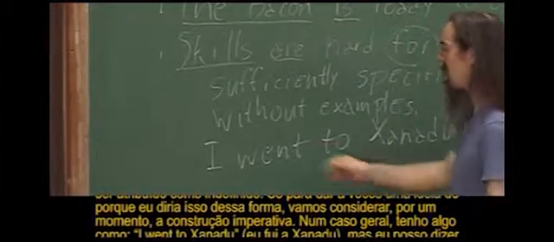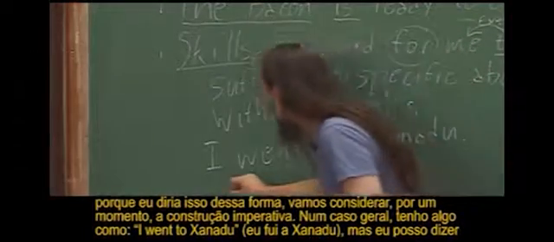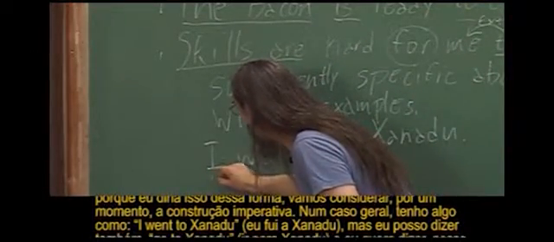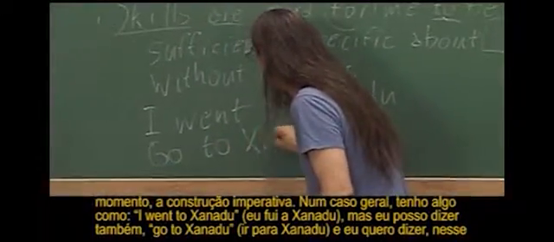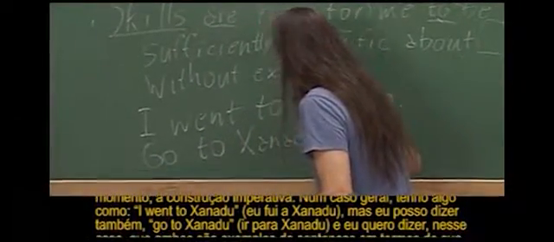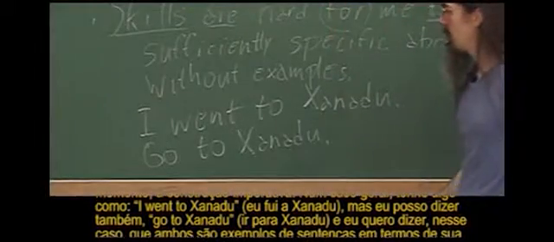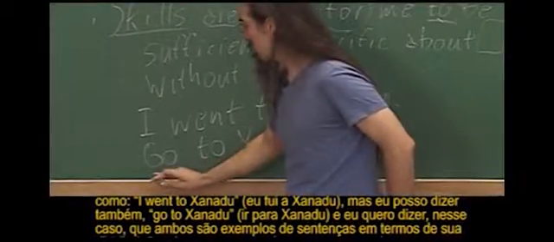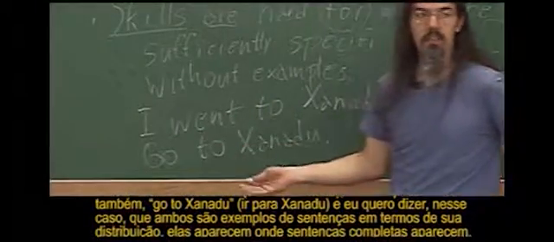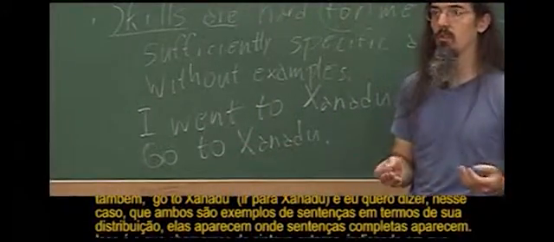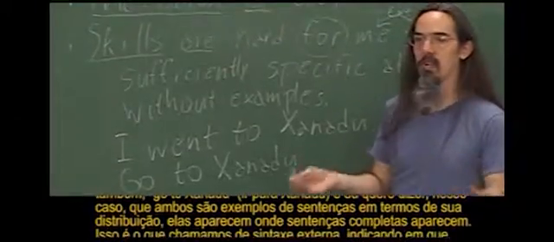So in the general case, I have things like I went to Xanadu, but I can also say go to Xanadu. And I want to say, in this case, that both of these are examples of sentences, right? In terms of their distribution, they appear where whole sentences appear.